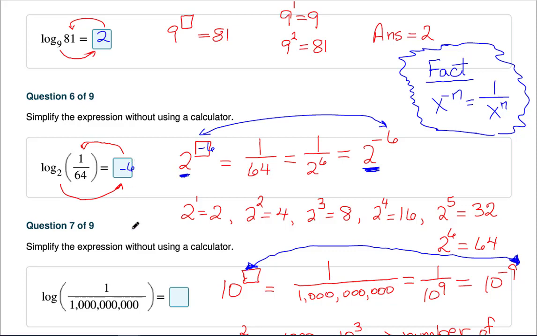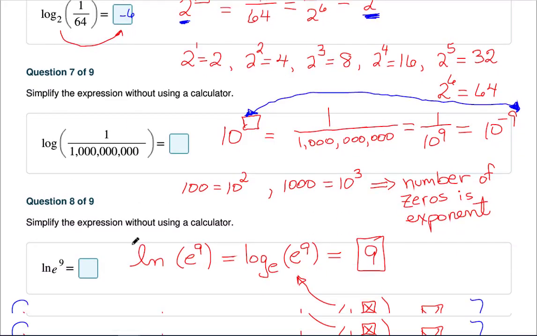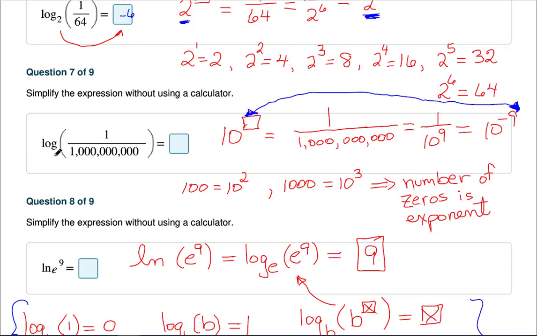And so, what about question 7? Well, again, we have this log with no base, and so we know now that that's really log 10. And so we need 10 raised to some power to be 1 over this huge number. Well, let's see. 100 is 10 squared. 2 zeros has an exponent of 2. 1,000, 3 zeros is 10 cubed.